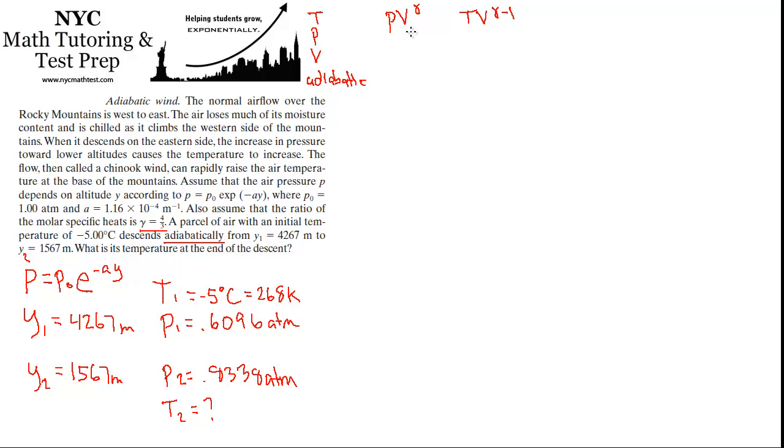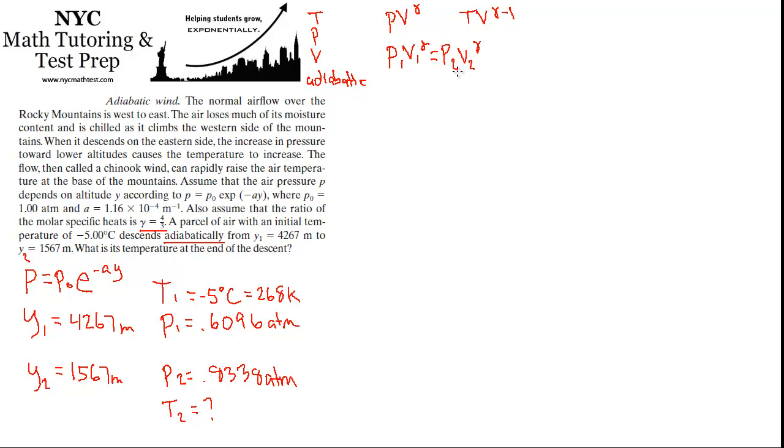Actually, let's spell this out a little more. What do these really mean? These mean that if you know the pressure and the volume in one state, and you know the pressure or the volume in the final state, you can find the parameter you don't know. For example, P1 V1 to the gamma equals P2 V2 to the gamma.